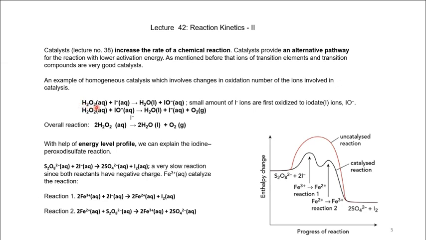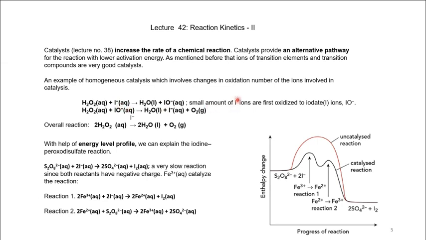Please do remember that here both reactants are in the same state: hydrogen peroxide reacts with iodide ion. Hydrogen peroxide is in aqueous media, and iodide ion is also in aqueous media. So if iodide ion acts as a catalyst, we will call it a homogeneous catalyst.